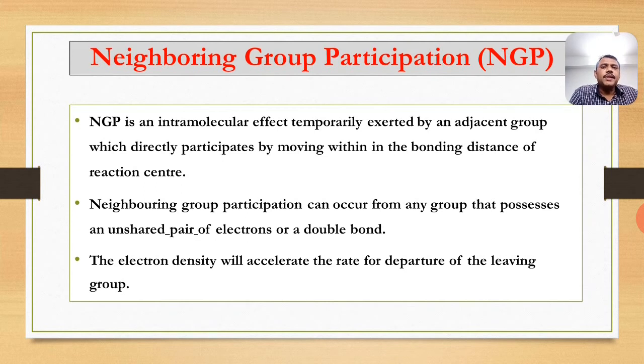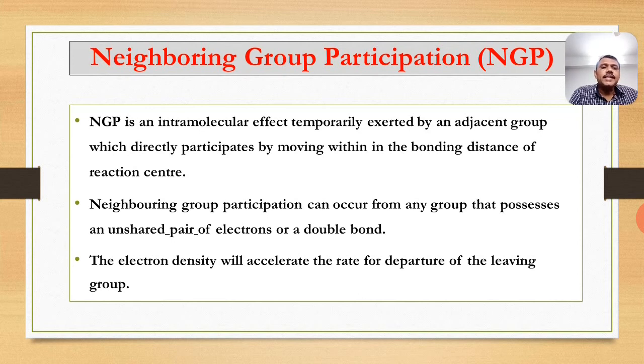NGP is only directed by an adjacent group. Neighboring group participation can occur from any group that possesses an unshared pair of electrons or a double bond. This is a basic characteristic, because without an unshared pair of electrons or a double bond, the shifting of electrons is not possible.